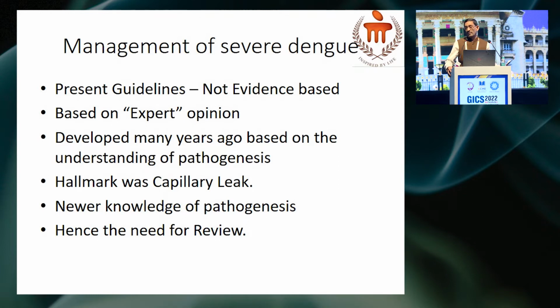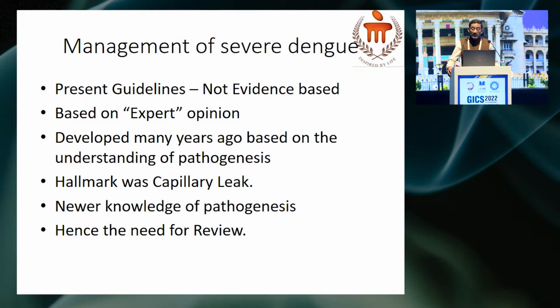The management of severe dengue probably has gone through various phases. Initially, the word hemorrhagic fever caught the imagination of the treating physicians, and the main focus was on platelets and bleeding tendencies. Unfortunately, that emphasis still continues.